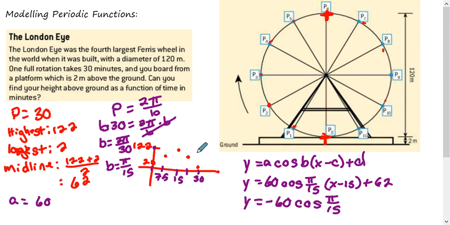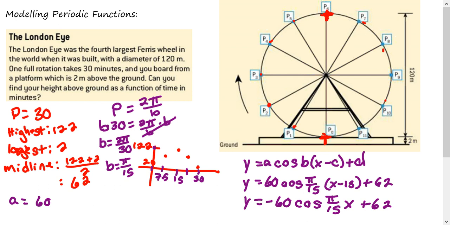That negative a value reflects it over the x-axis, because this is your y value, so it reflects over the x-axis. Then there is no horizontal shift, so then it would just be x. The reason I'm showing you this is IB may tell you that there is no c. If there's no c, you have to do a cosine equation, and therefore it doesn't have a shift, and the only way that happens is if you do a reflection. Okay, so those are the cosine ones.